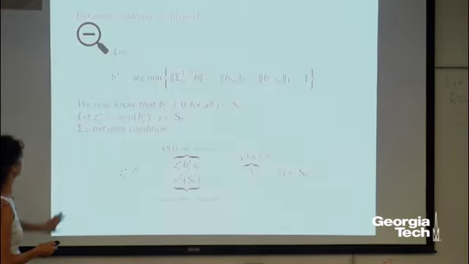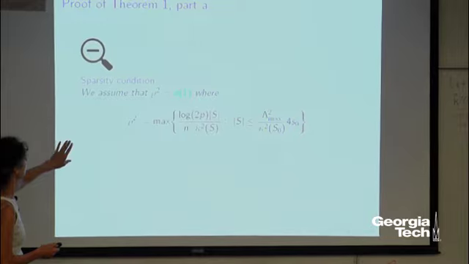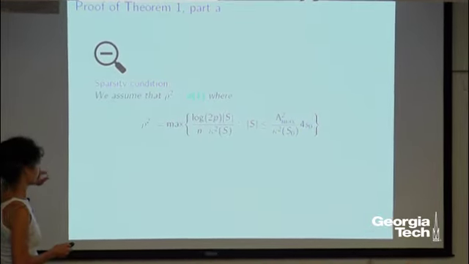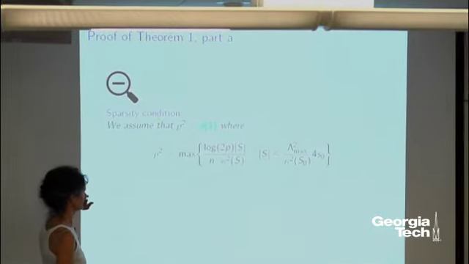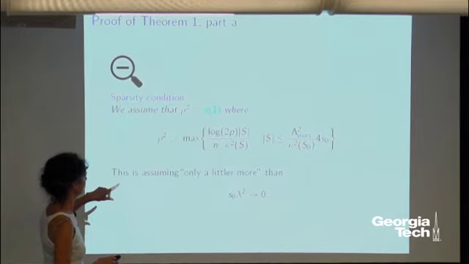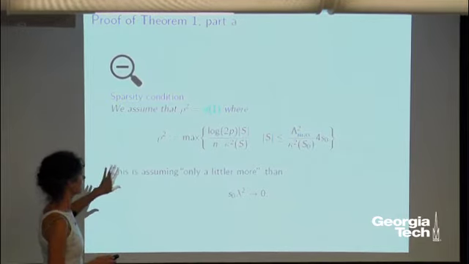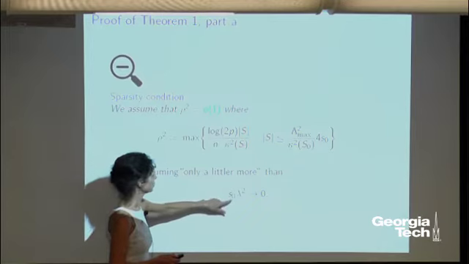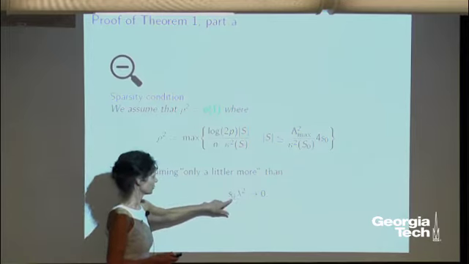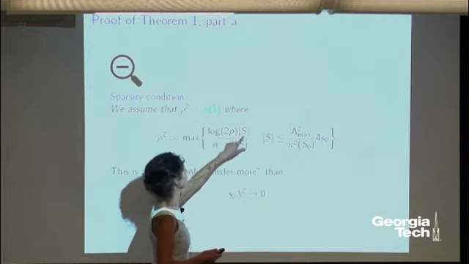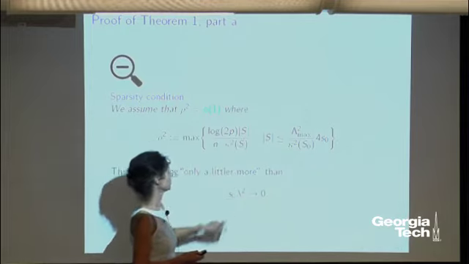Now let me skip all this. I'm assuming this quantity is going to 0, and that's a little bit more than assuming that you have convergence in the first place. I assume convergence for a little bit larger sets as well.